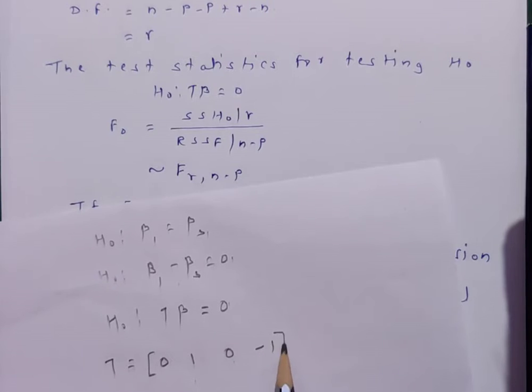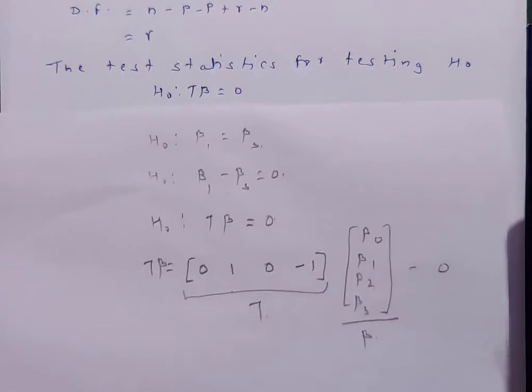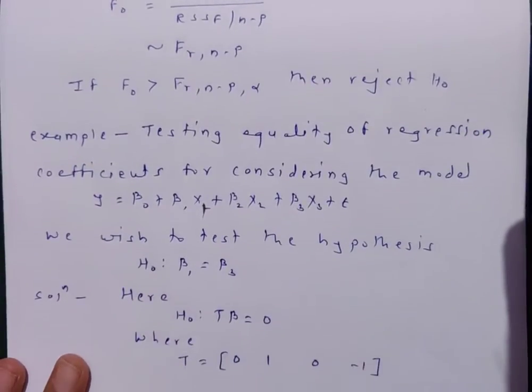The values of betas are beta naught, beta 1, beta 2 and beta 3. So this is my T beta, and T beta is equal to 0. Over here T is 0, 1, 0, minus 1.